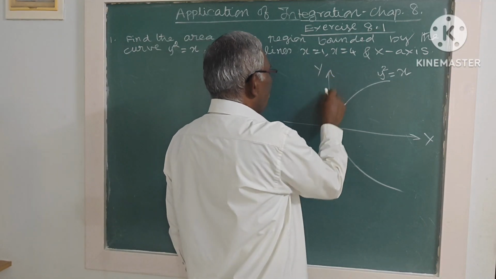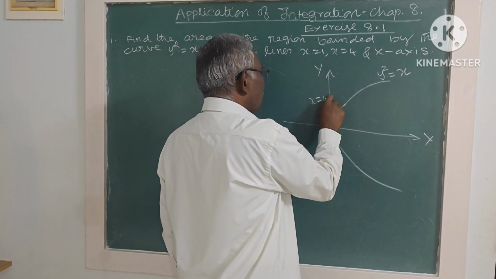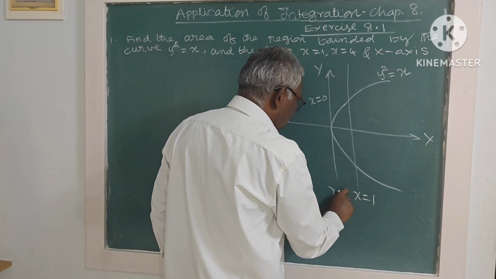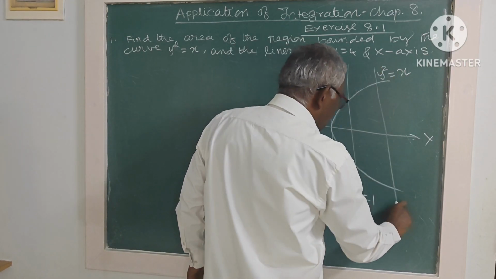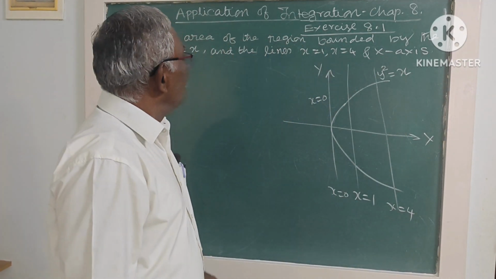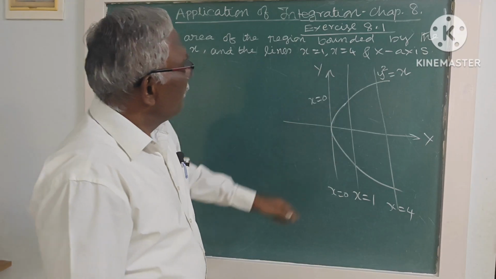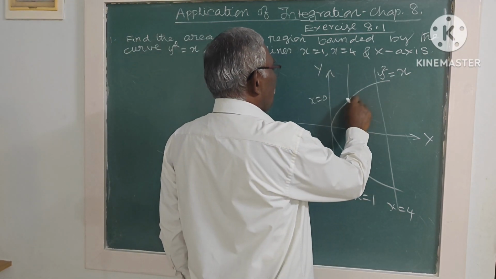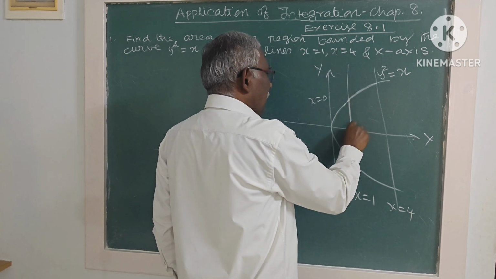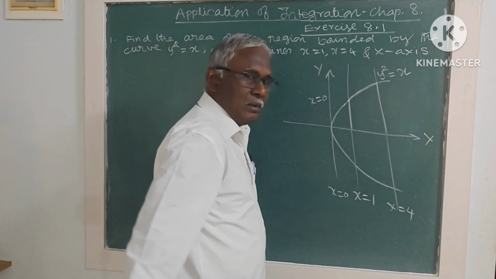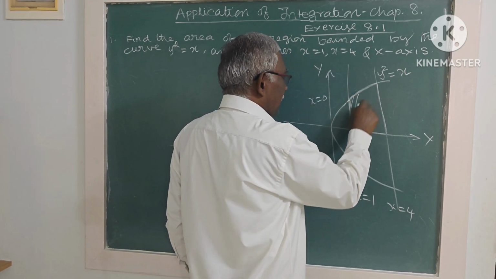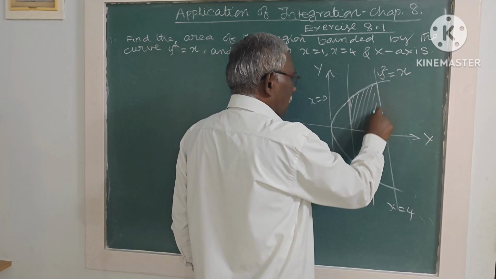The equation of the y-axis is x is equal to 0, the equation of this line is x is 1, and we can take the equation of this line as x is 4. Find the area of the region and the x-axis. So this is the curve, and this is x is 1, this is x is equal to 4, and the x-axis. So we have to find the area of this region.